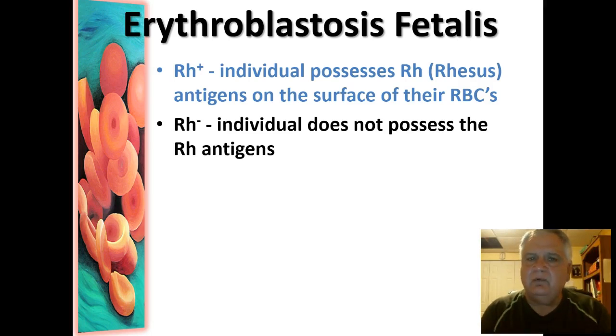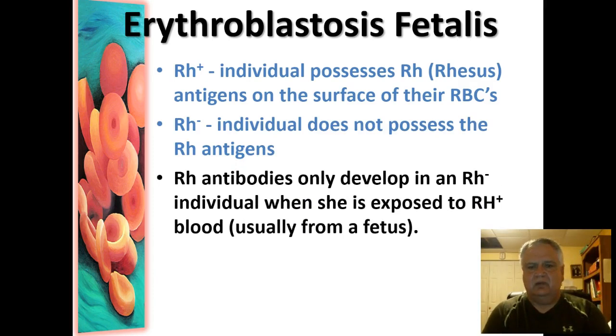The other 15% of the population doesn't express any of these rhesus antigens. Therefore, those individuals are designated as Rh negative. So a person who's A positive expresses the rhesus antigens. A person who's A negative does not express the rhesus antigens.